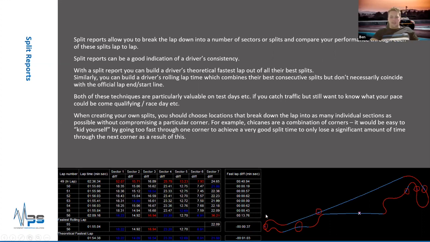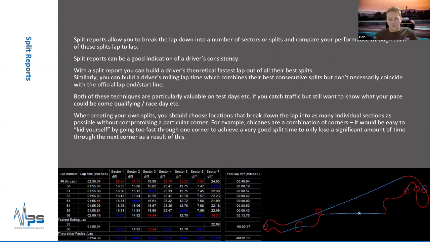A split report basically allows you to break the lap down into a number of different splits, a number of different sections. If you're familiar with TSL timing in the UK, you'll know they normally break the lap down into 3 sectors, for example. So you could quite easily break the lap down into 3 sectors.